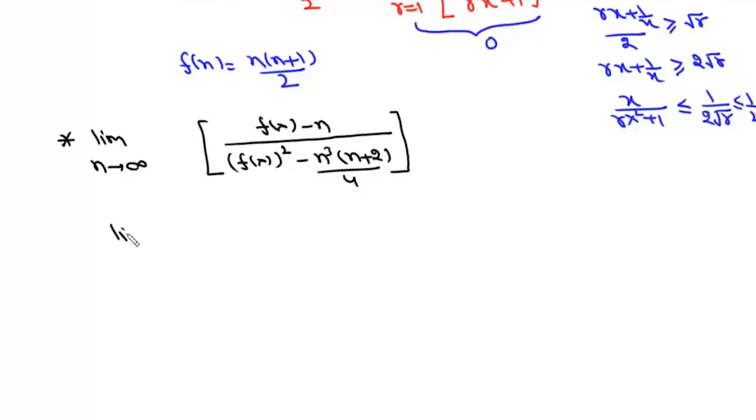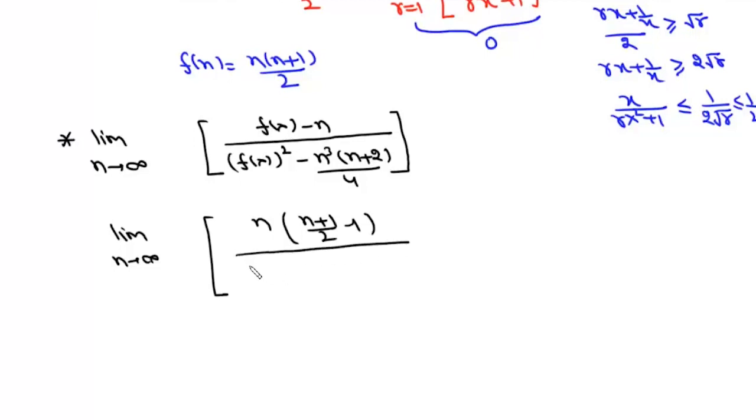Now we are going to write this as limit n tends to infinite, greater function of, we'll take this n common, and here will be n plus 1 by 2 minus 1, and here it will be n square n plus 1 whole square by 4 minus n cube n plus 2 by 4.